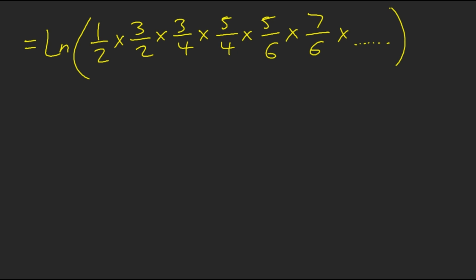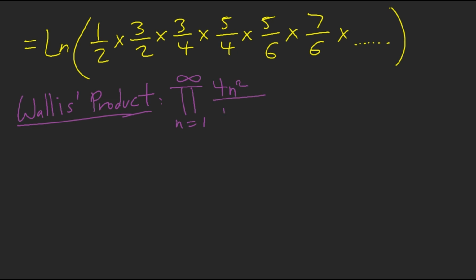So, Wallis product states that when you have a pi product of n equals 1 and it's 4n squared minus 1, or you can rewrite this as 2n, and then this is 2n minus 1, 2n plus 1.